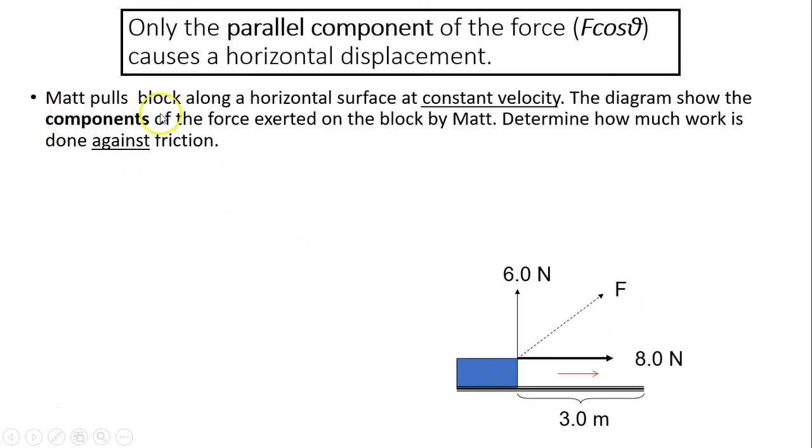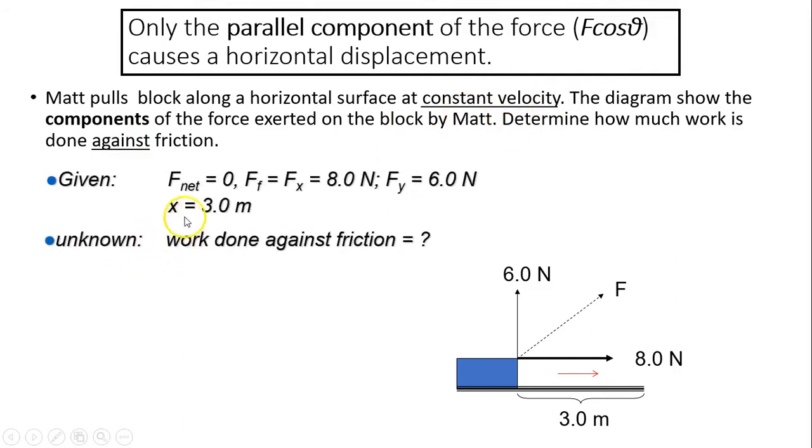Another example, Matt pulls a block along a horizontal surface at constant velocity. The diagram shows the components of force exerted on the block by Matt. Determine how much work is done against the friction. This is a constant velocity, so the net force equals 0 because the acceleration is 0. So the friction force and Fx have to cancel. We also know Fy is 6 newtons.